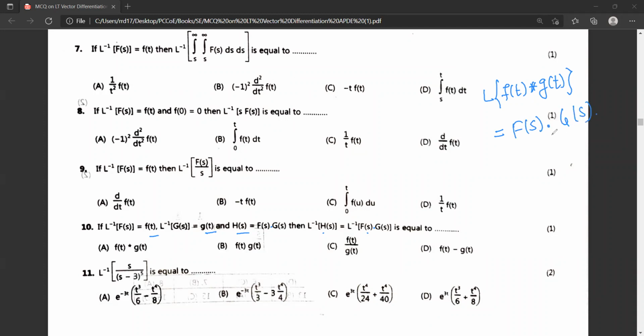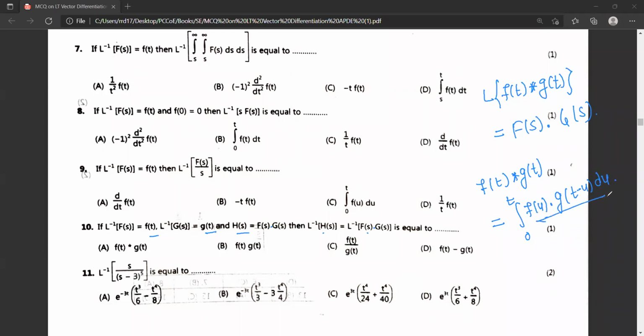Now you should know the definition of f of t star g of t as well. What is the definition of it? Can anyone tell me? Because sometimes the answer might not be in terms of this, sometimes the answer will be in terms of the definition. It is the integral from 0 to t of f of u, g of t minus u du.